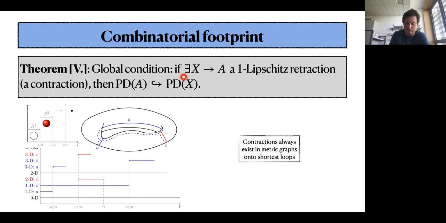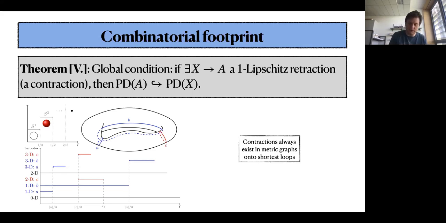And the existence of such maps onto a circle can maybe be guessed from certain patterns in the persistence diagram. All right, so that's one way to get a combinatorial footprint.